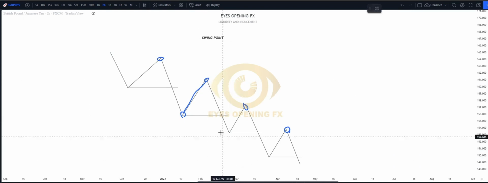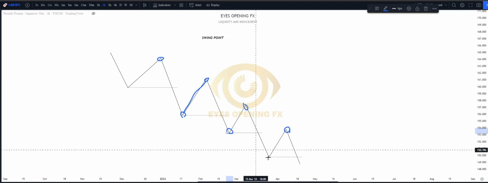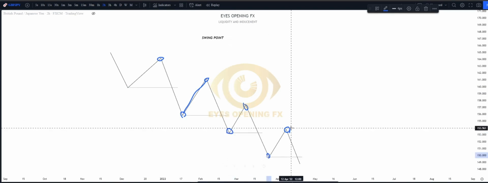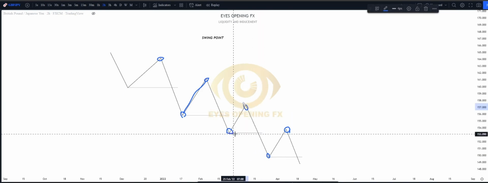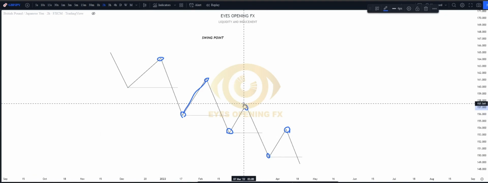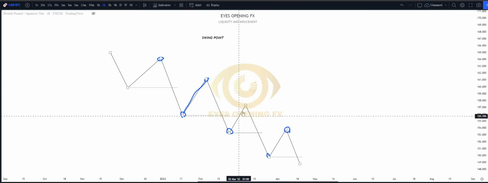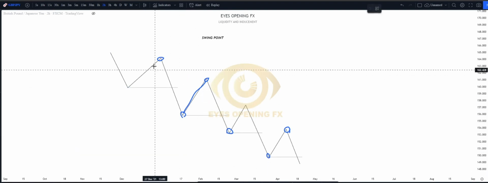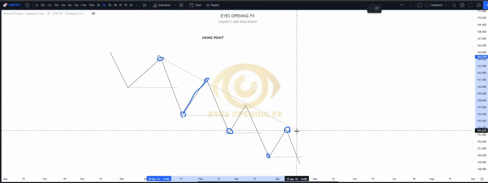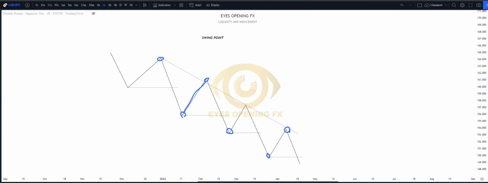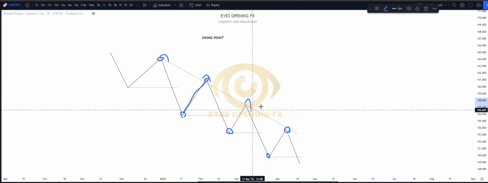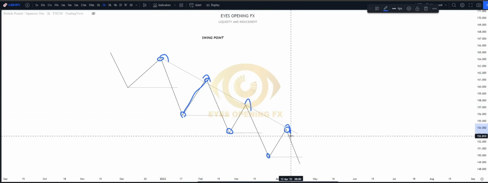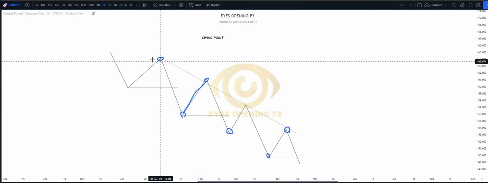The same thing here, a swing point low, a swing point low, then a swing point high. Because this one is the one that made price come and take this swing point low, that is the one we call the major swing point high. So all these highs here are major swing point highs.